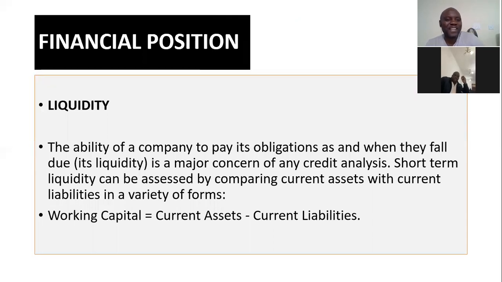Now we go to the financial position, where you look at the liquidity ratios. This is where you do your working capital engineering. We do this in the corporate world, where you develop a model and start working on liquidity engineering. They say cash is king.